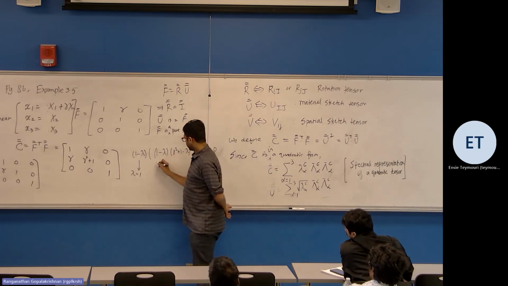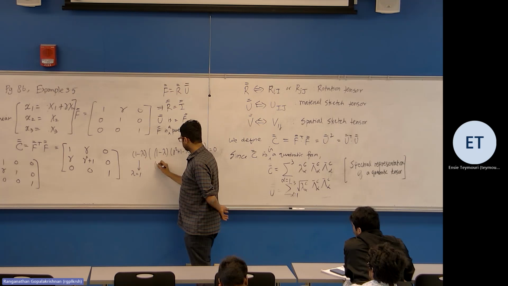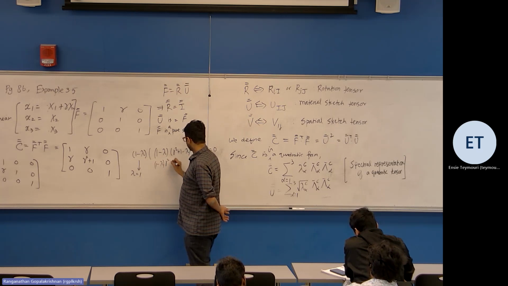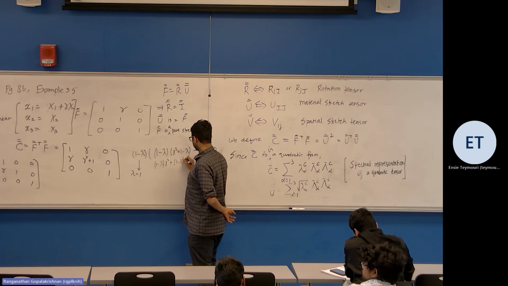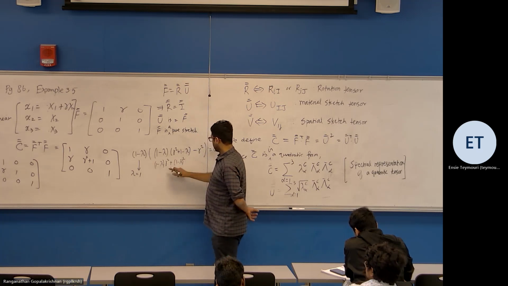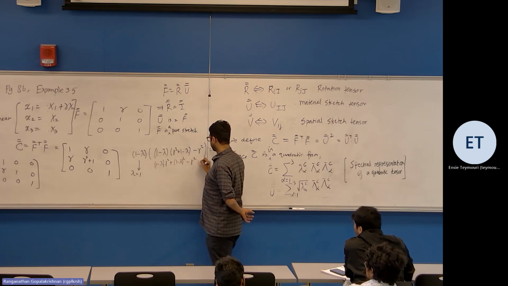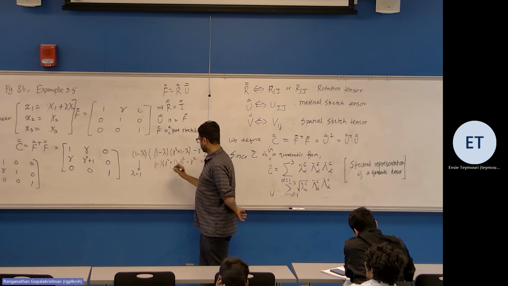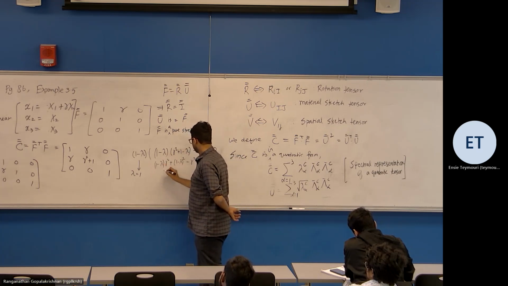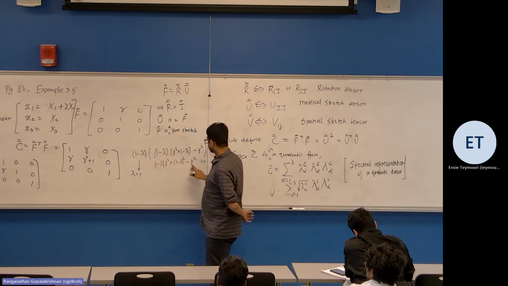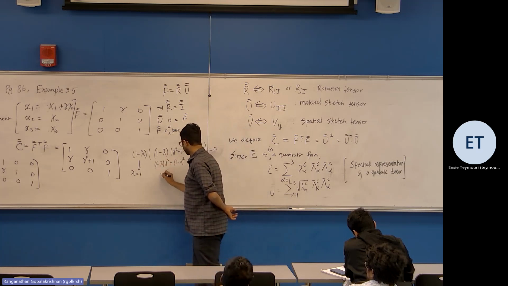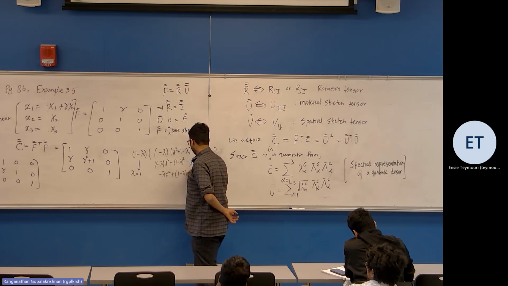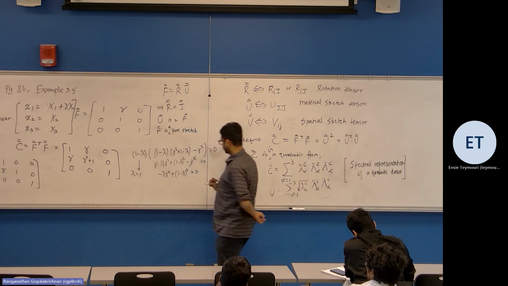So we have 1 minus lambda times gamma squared plus 1 minus lambda whole squared minus gamma squared equal to 0. So this will be plus gamma squared minus gamma squared. So this will go away. So I have minus lambda gamma squared plus 1 minus lambda whole squared equal to 0.